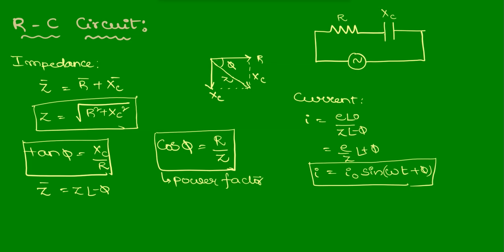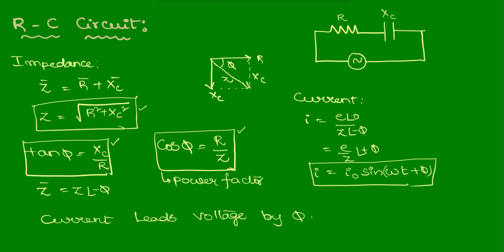And how you will find phi means we are having two different functions, cos as well as tan. Based on that you can find it, and they may ask you to find what is the impedance offered by the circuit, that will be Z. Okay, so here you can give one statement like this: current leads voltage by phi.